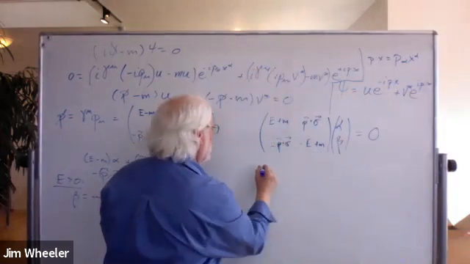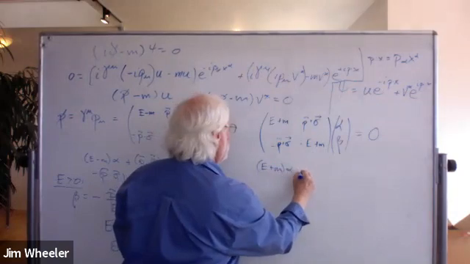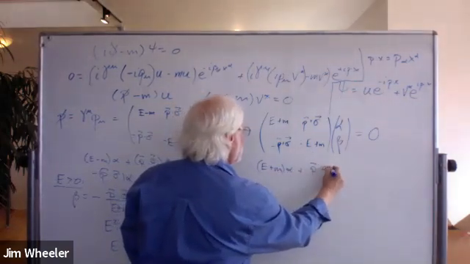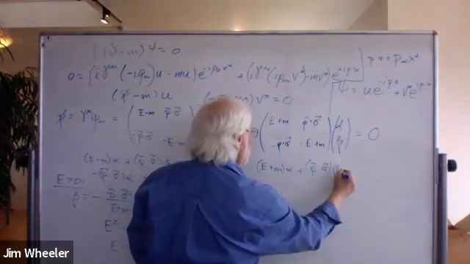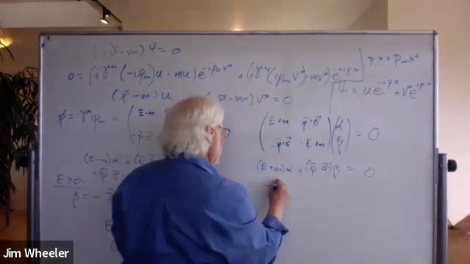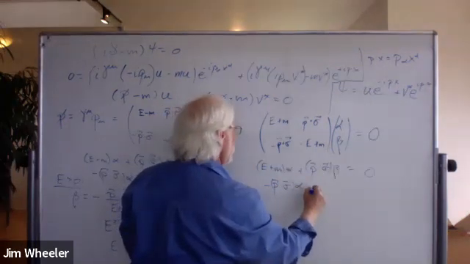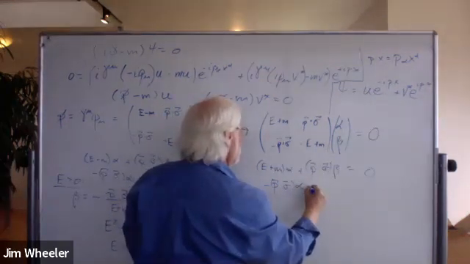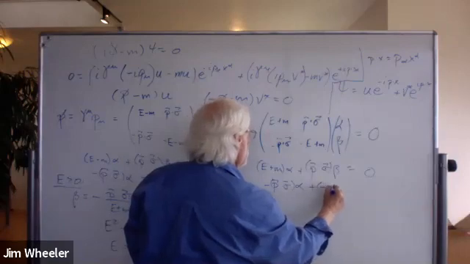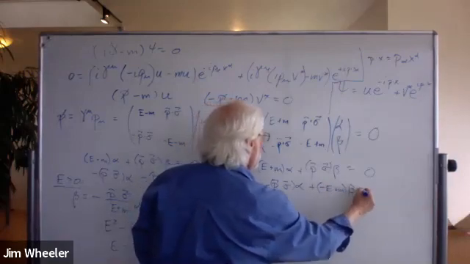So now we get, again, two equations, E plus M alpha plus P dot sigma beta equals 0. And here we go. This looks better. Minus P dot sigma acting on alpha plus minus E plus M on beta equals 0.